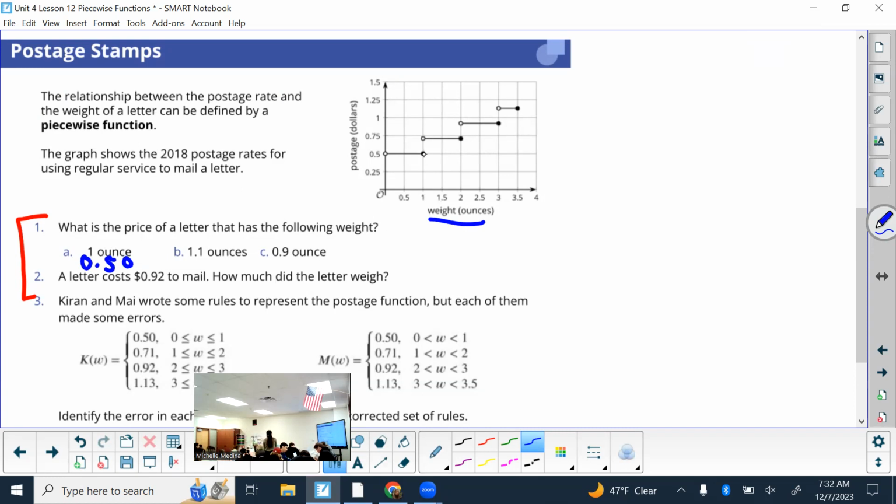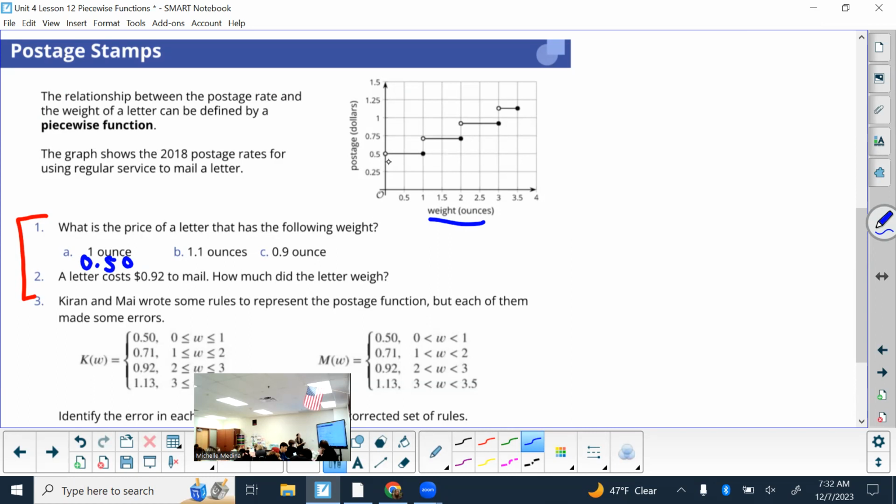Technically, there's 2 things there, but we saw in a Kahoot, if we have an open circle and a closed circle, which one do we go with? The closed circle. All right, if it's open, that means that's not part of the solution. So then when you read it, what the output is there, yes, 50 cents, then it's 1 ounce.